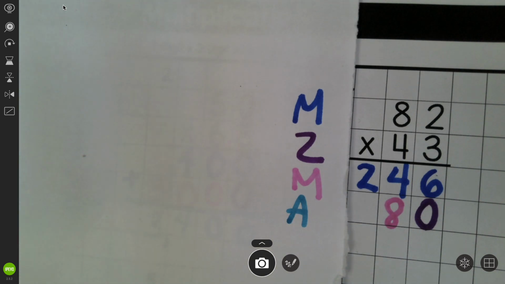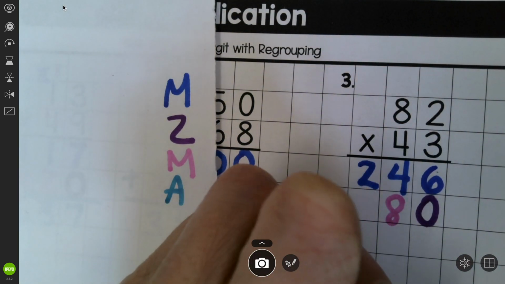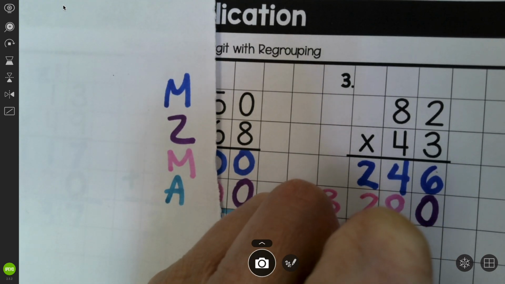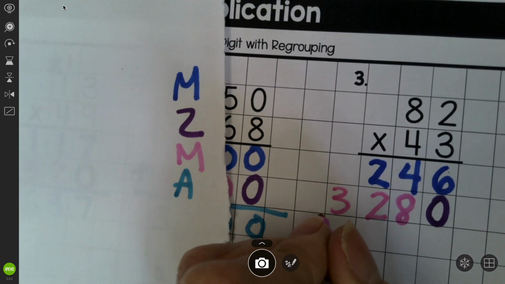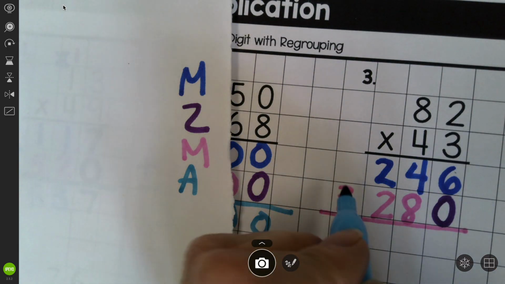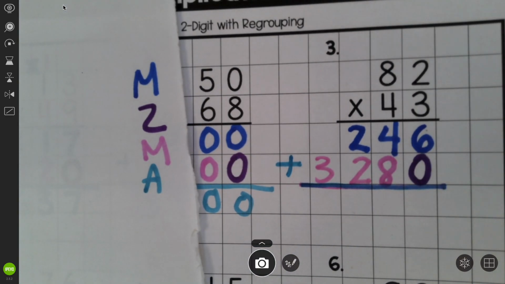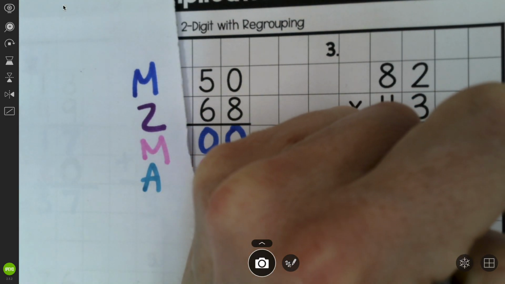Stop. 4 times 8 is 32. Okay. My last step is to add, starting in the ones place. 6 plus 0 is 6.